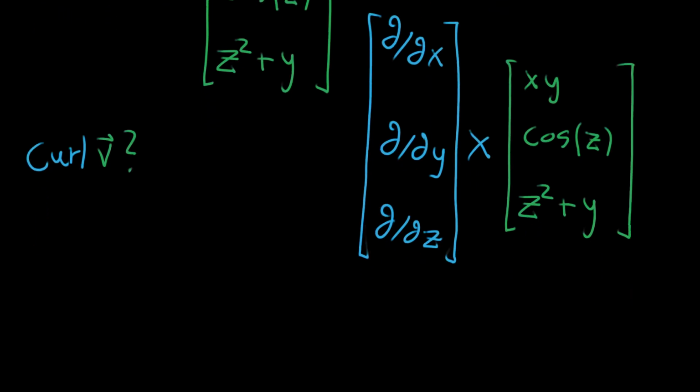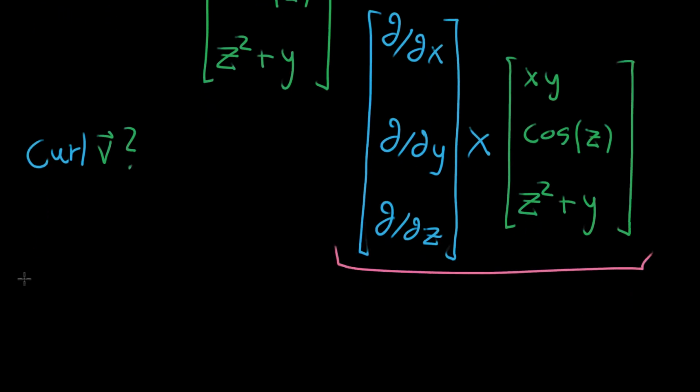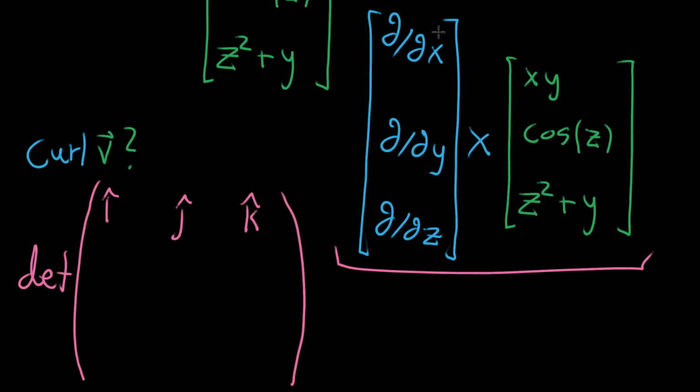And to compute this cross product, we take a certain determinant. So I'm going to write over here determinant. And it's going to be of a 3x3 matrix, but really it's a quote-unquote matrix because each component has something funky. So the top row, just like we would have with any other cross product that we're computing, is going to have i, j, and k, these unit vectors in three-dimensional space. And the second row here is going to have all of these partial differential operators, since that's the first vector in our cross product.